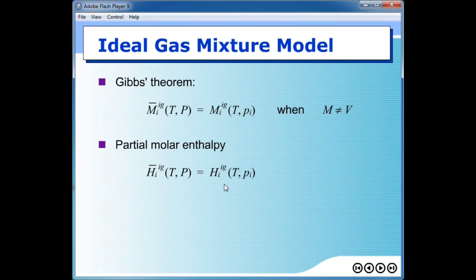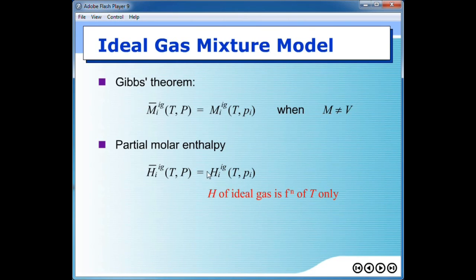However, this one is very easy because right now we look at ideal gas. The ID here is ideal gas, and for ideal gas, enthalpy is a function of temperature only. Enthalpy of ideal gas is not a function of pressure. So it doesn't matter whether you use this pressure or that pressure, enthalpy is supposed to be the same.